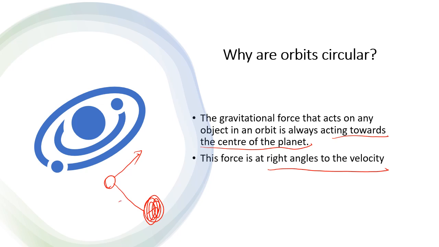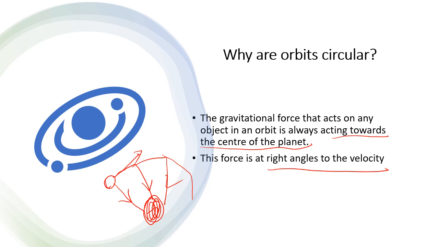But this force of attraction between the satellite and the planet keeps pulling it towards the planet. So it is acting towards the center and in the end it will take a circular path. You don't need to know too many details about it.